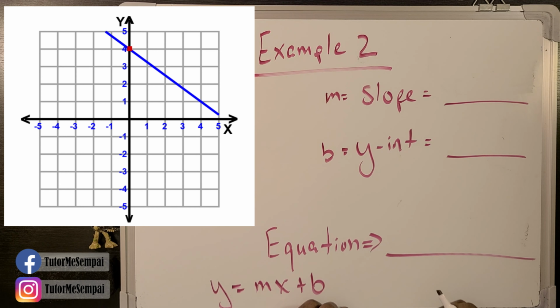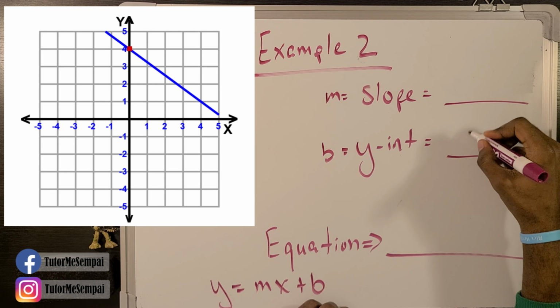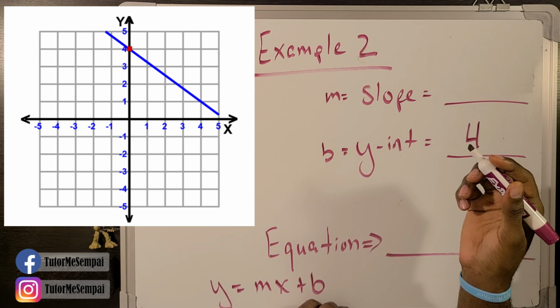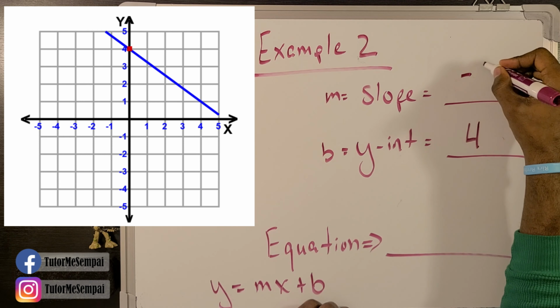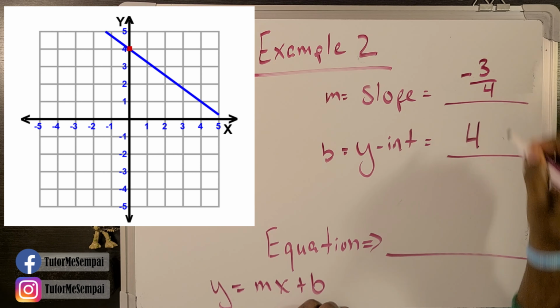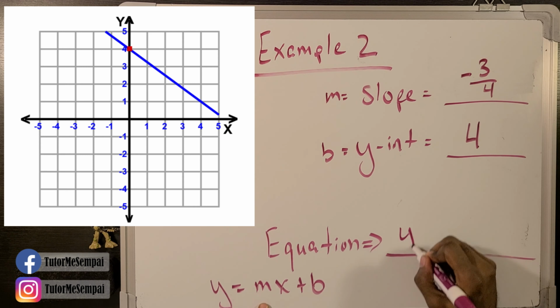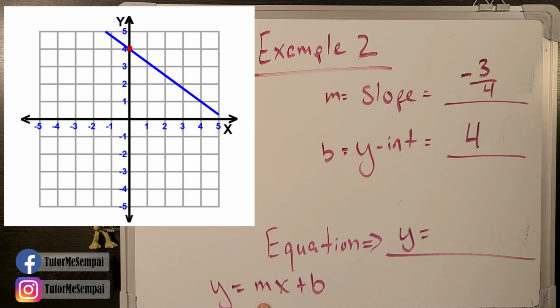So we said the y-intercept is going to be 4 this time, a positive 4. And we said our slope is going to be a negative 3 over 4. Now we have everything we need to plug into our slope-intercept form. Remember, an equation needs to have an equals. So make sure you write your y equals.